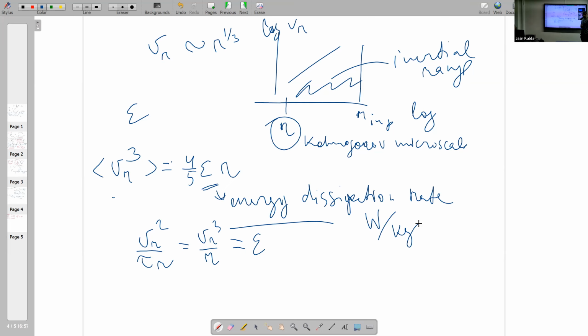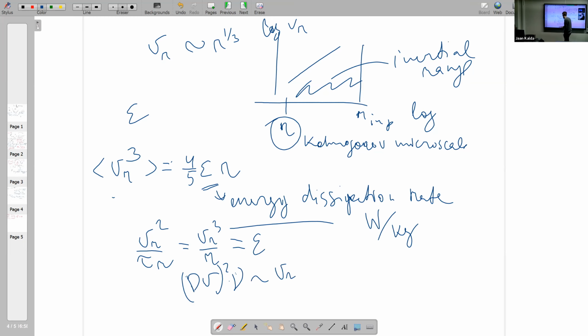The second equation: now we relate the viscous dissipation rate. From the Navier-Stokes equations, we can obtain that viscous dissipation is basically the velocity gradient squared multiplied by the viscosity. At the smallest scale, that gradient is V related to the Kolmogorov microscale.